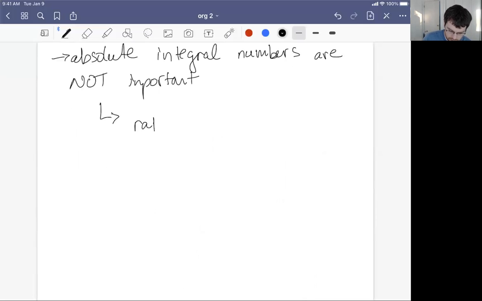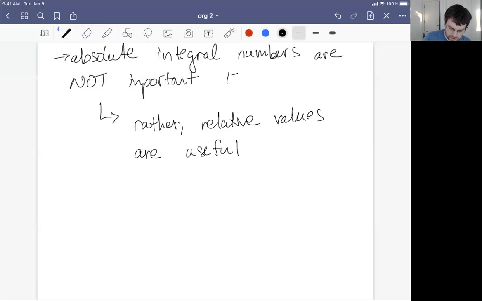Rather, the relative values are useful. So the absolute values are 150 and 450, but if I compare 150 to 450, then it gets interesting.